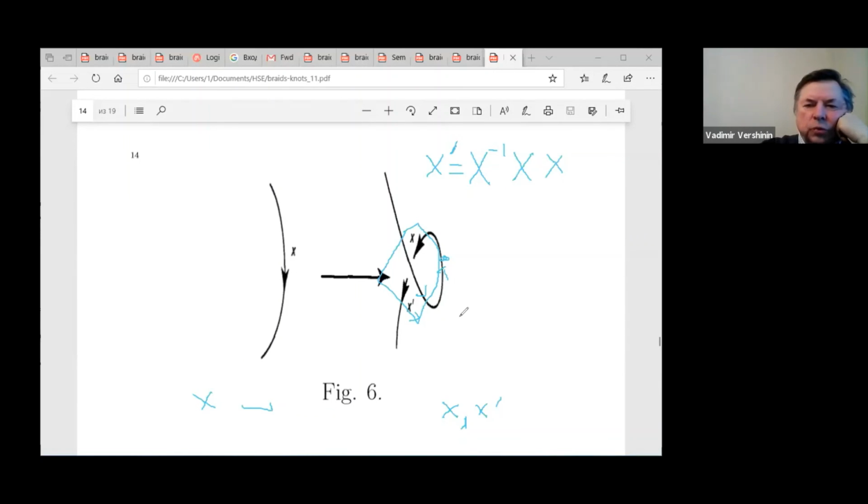So what should we have? Of course, X minus 1, X disappear, and we have a new relation. So we have this, without X prime.